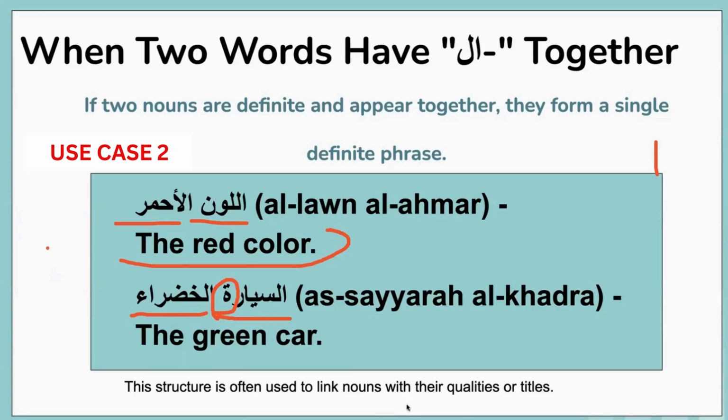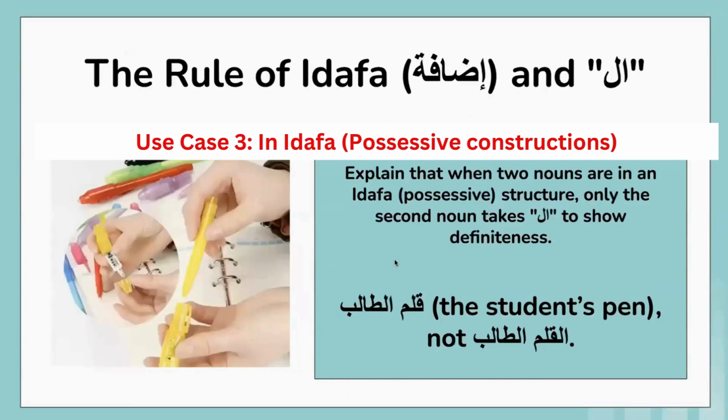Every class we are learning new things, and every class you are adding to your understanding of Arabic. Let's move forward. This is called the rule of idafa. In this form, the al is taken to the second word and not the first word.